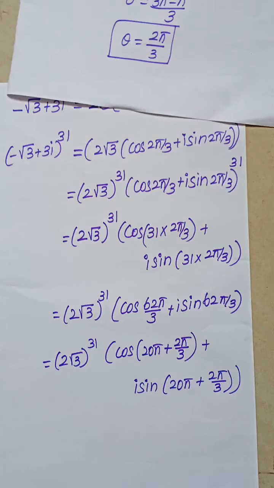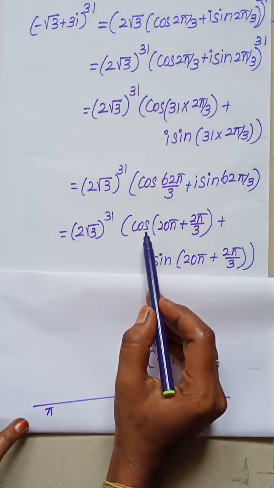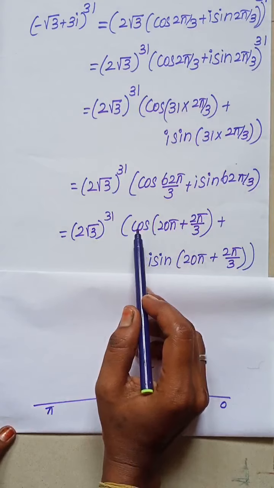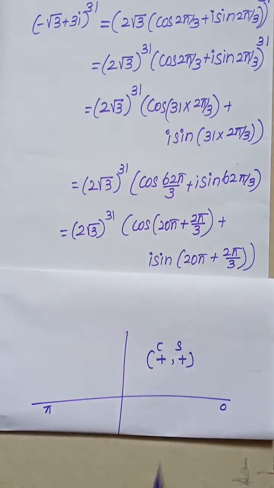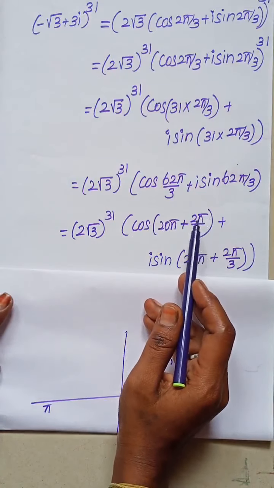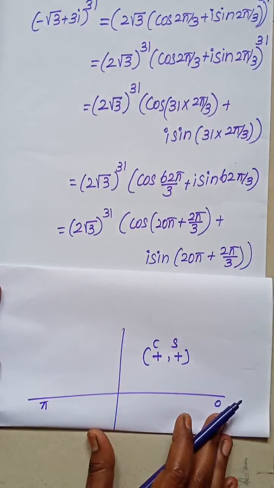Now, next we find the value of cos 20 pi plus 2 pi by 3. That is cos of 20 pi plus theta value. Now, see the Argand diagram.